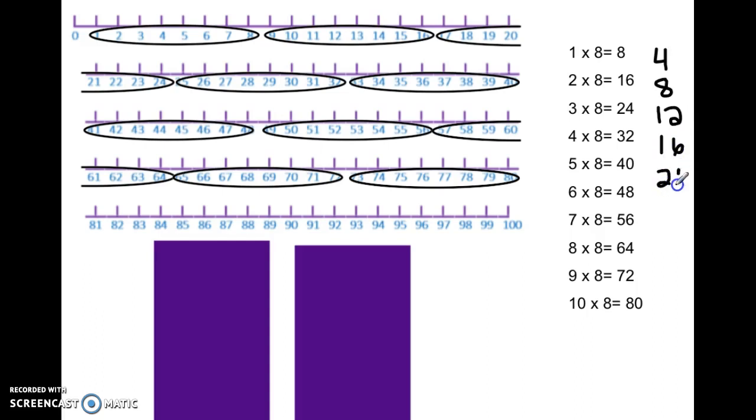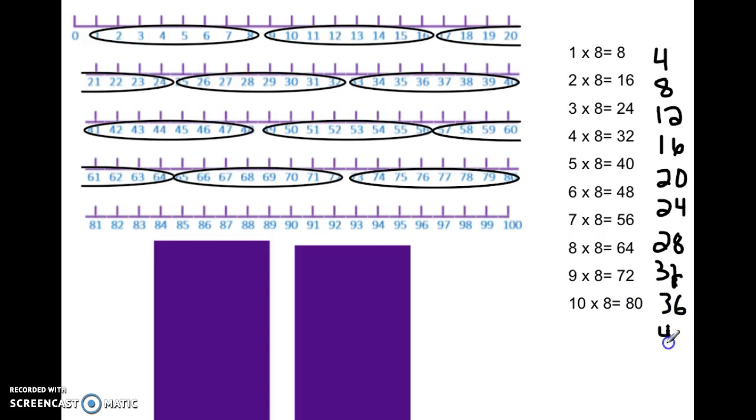Again, all I'm doing is adding 4 on each time here. 24, 28, 32, it's hard to write on the computer. 32, 36, and lastly 40.